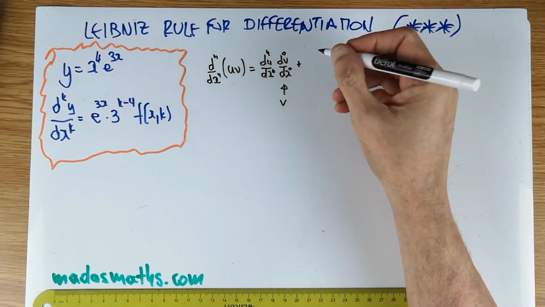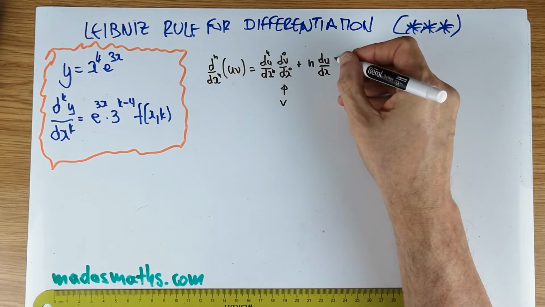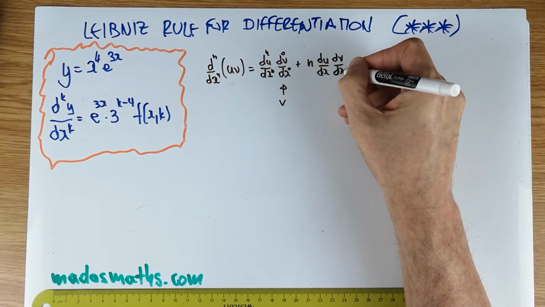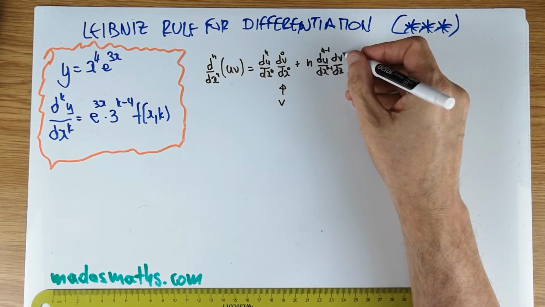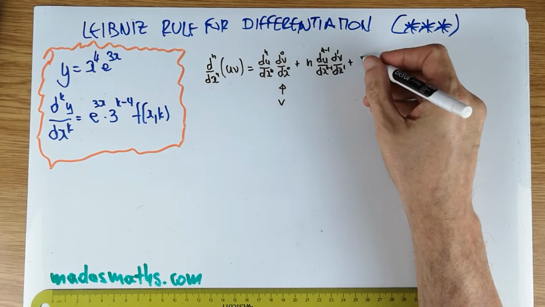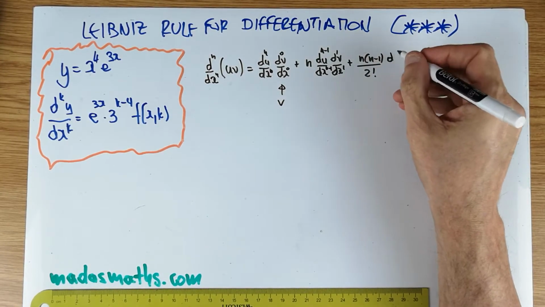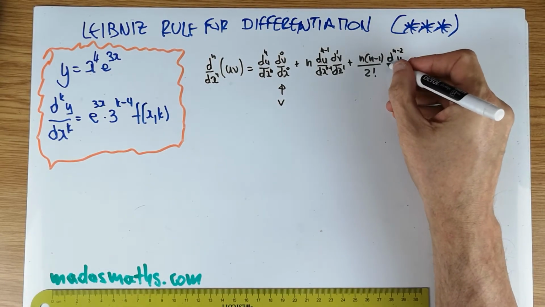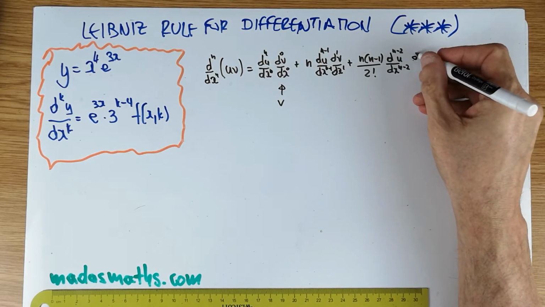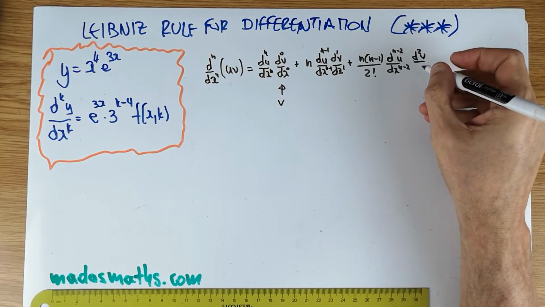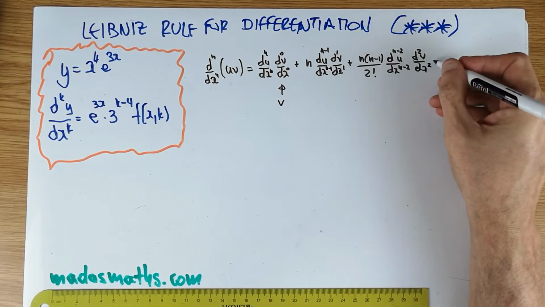Plus, then it goes like a binomial. n du by dx, dv by dx, and now we have n minus 1 derivatives and 1 derivative. Then n binomial 2, n minus 1 over 2 factorial, d n minus 2 of u by dx, n minus 2 derivatives, and now this is a second derivative, d squared v by dx squared.